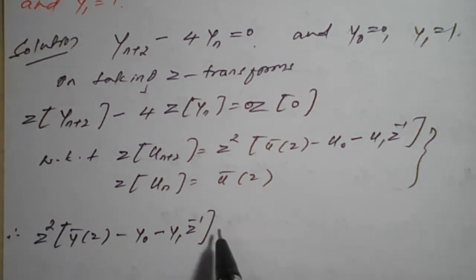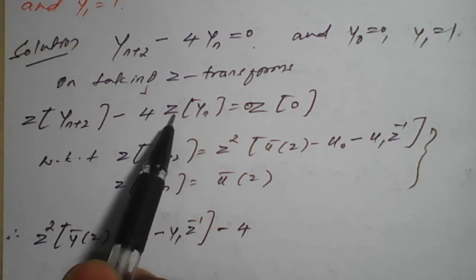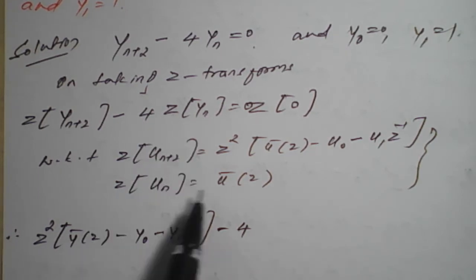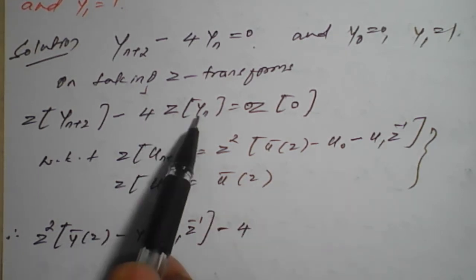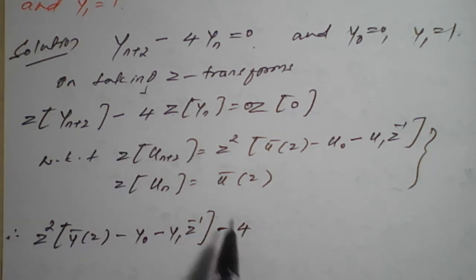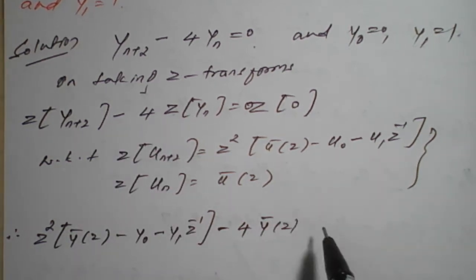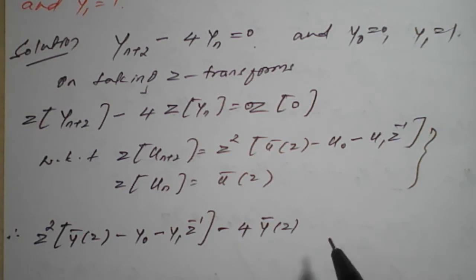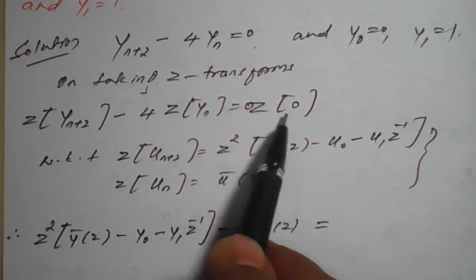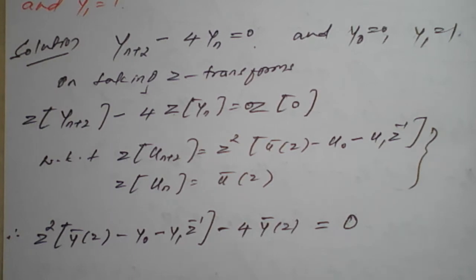Hope you understood. Minus 4 times z of y n. Z of u n is u dash of z, so z of y n will become y dash of z, with 4 as it is, equal to z transform of 0, which is 0.